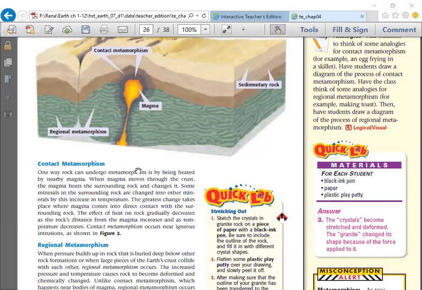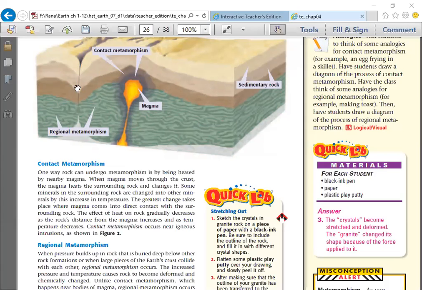What about regional metamorphism, guys? Who can remind me what regional metamorphism is? Maya? Regional metamorphism occurs when pressure builds up in rock that is buried deep below the rock formation. Good.